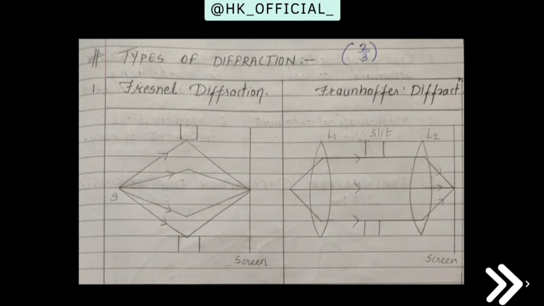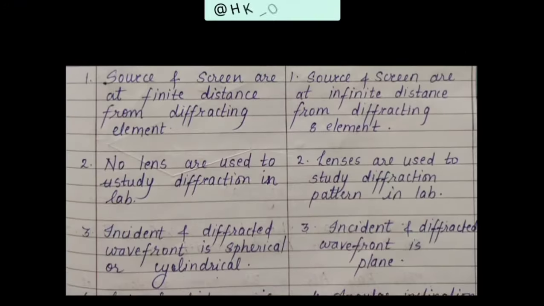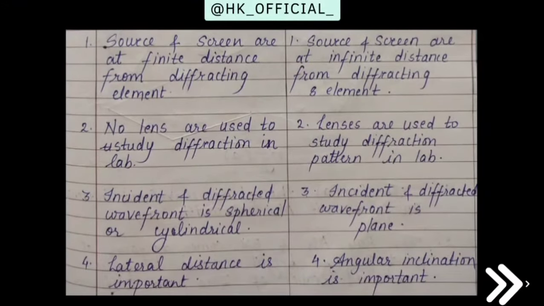And in Fraunhofer diffraction you can see the one lens which is present. It is making that incident light into a plane wavefront, and then when it passes through lens 2, the rays come close and make a point on the screen. So that is about Fraunhofer and Fresnel diffraction. Let's see what all points we have to write in the difference. It is a very important concept, so pay attention here also.